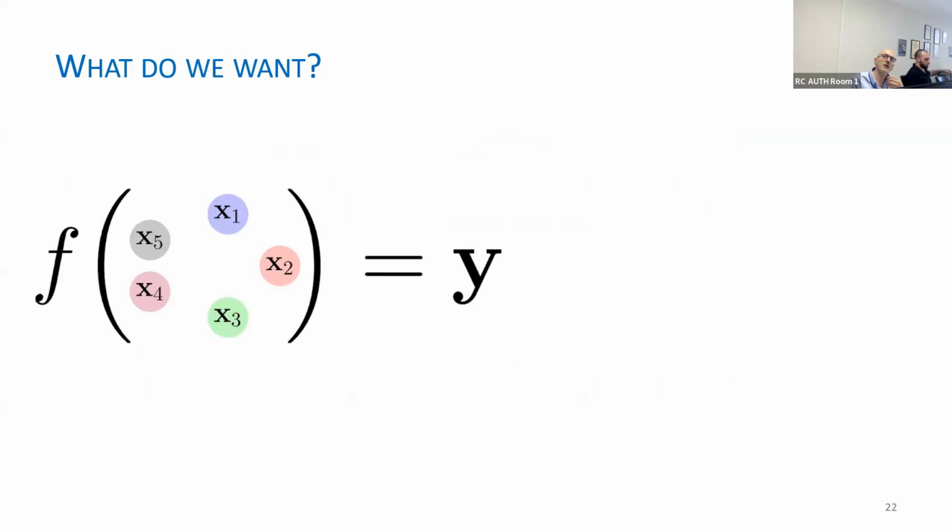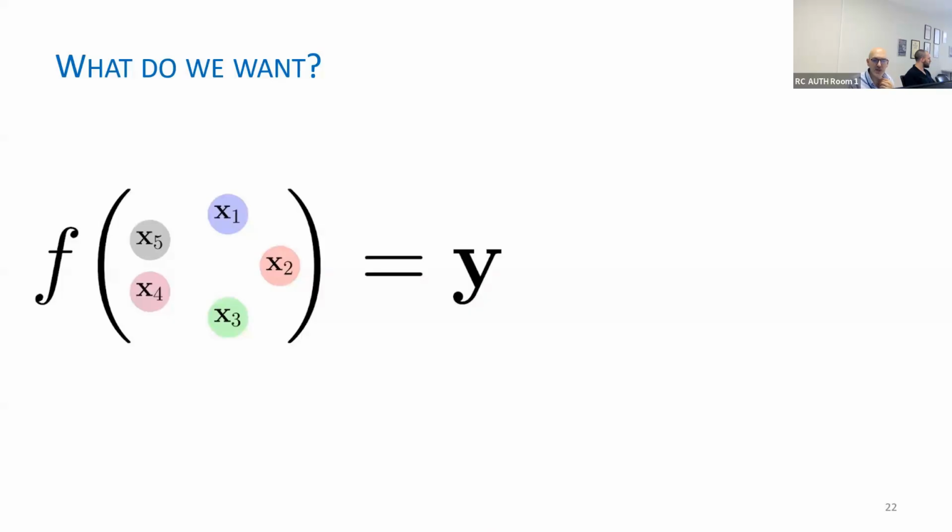And so here you see basically what we want. We have this set of points, without any connection, with these feature vectors. And what we would like to do is to learn a function that produces an output y from this set of points.